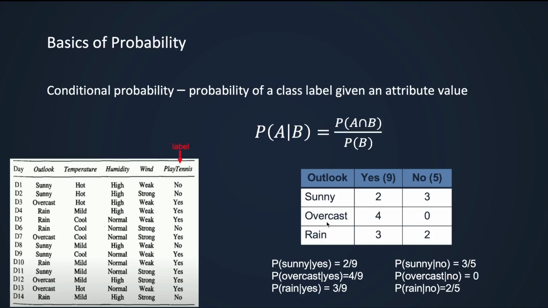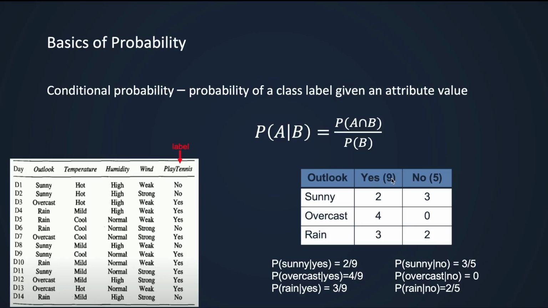Next we take the values of the label play tennis, that is yes or no. In this data set, 9 rows are yes: 1, 2, 3, 4, 5, 6, 7, 8, 9. Similarly, 5 rows are no.